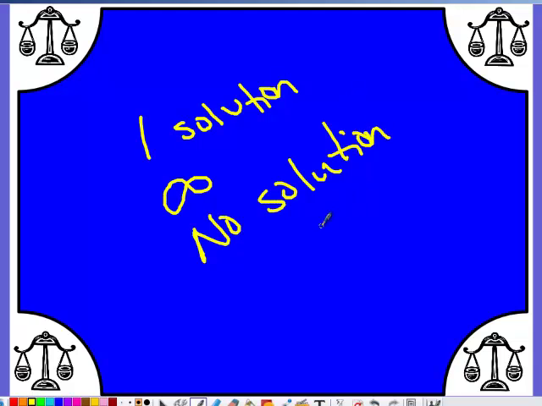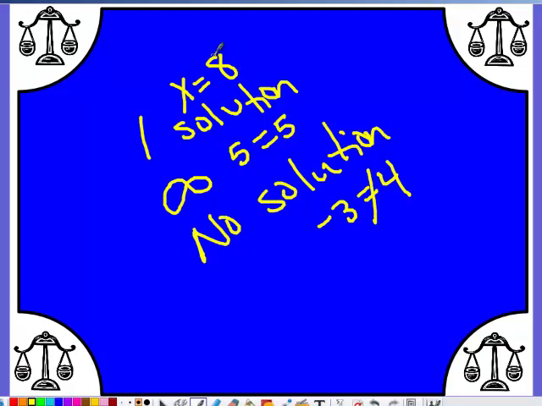And that would mean, for example, -3 equals -4. Of course, that makes no sense. That would be no solution. If you got something like 5 equals 5, that means any number could be put in for the variable and you would get a true statement. And with one solution, it would be something like x equals 8, and only 8 would work for this equation.